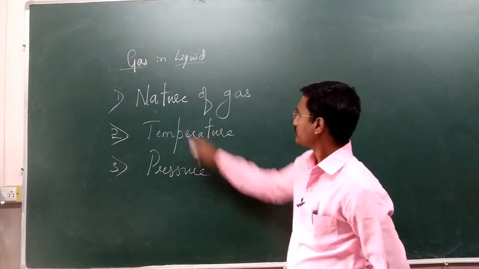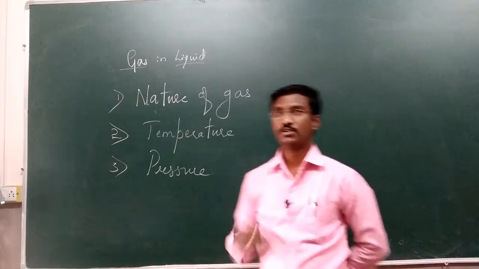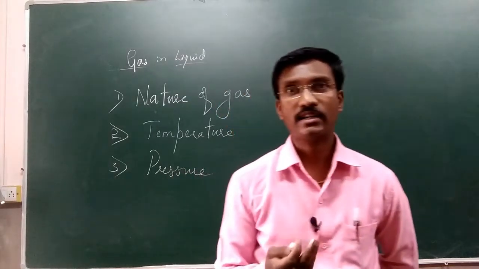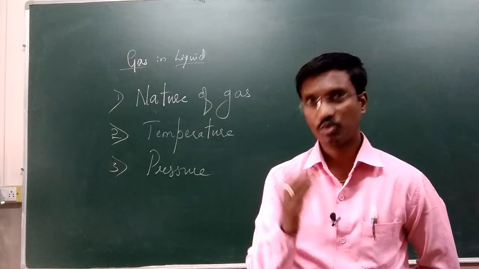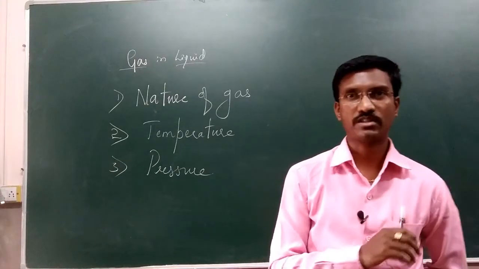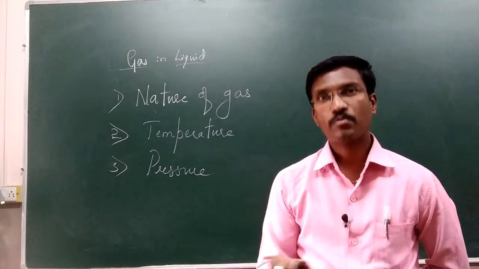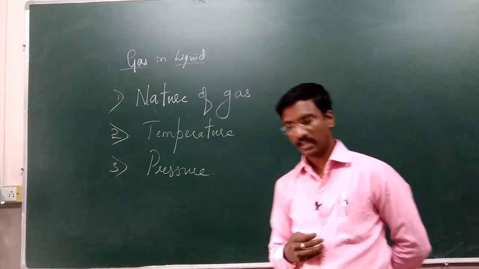So here, the first one is the nature of the gas. How does the nature of the gas influence the solubility of the gas? If the gaseous compounds are polar, then it is soluble in the polar solvent. You should remember this one. In the last class we discussed that polar compounds are soluble in polar solvents and non-polar compounds are soluble in non-polar. What is polar and what is non-polar, we have discussed in the class.